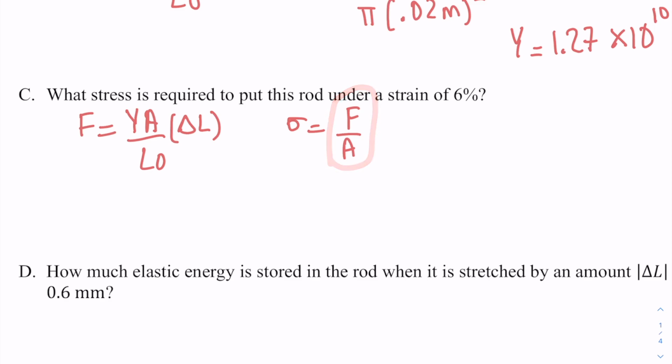At least we don't define it as pressure, because pressure implies that the force is applied uniformly to the object. But in this case, when we're pulling on a rod, stretching, compressing, it's not a uniform force applied over the entire area of the object. So we don't refer to it as pressure. But in terms of the units, it has the same units as pressure. So this is our stress. Once again, this is stress.